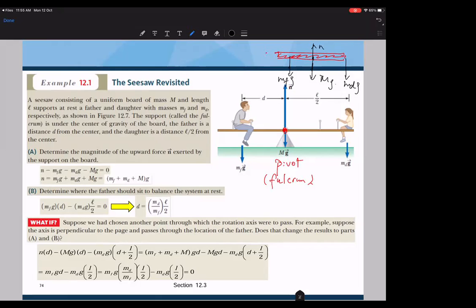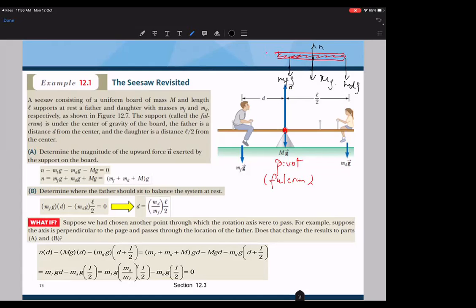Now, the advantage of calculating the equilibrium is that you could decide to calculate the torque at any point, because our definition of static equilibrium requires the torque to be equal to 0 about any axis.